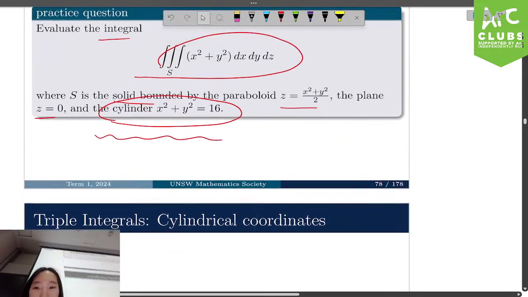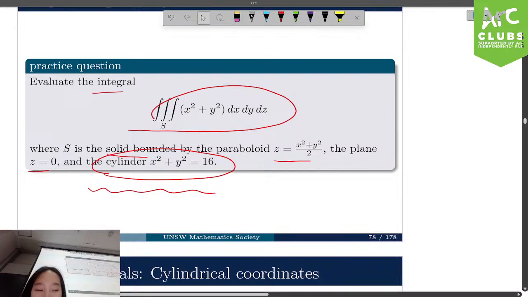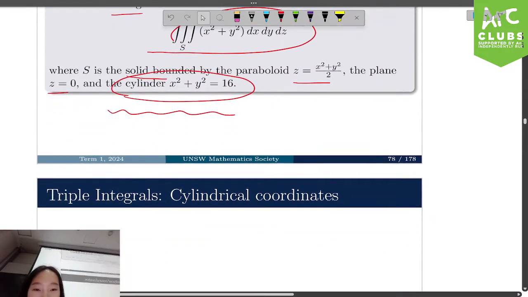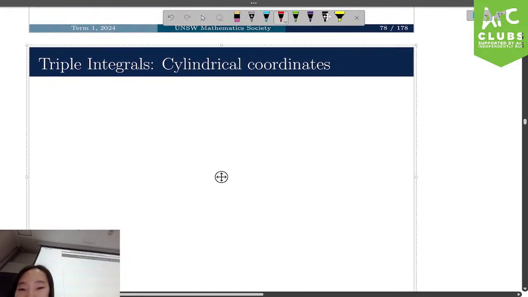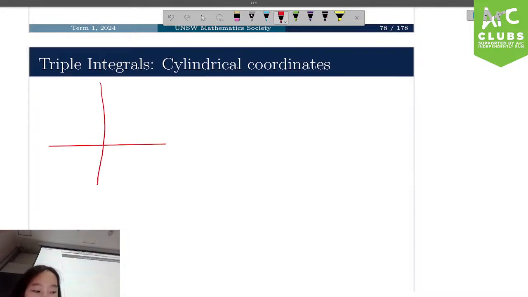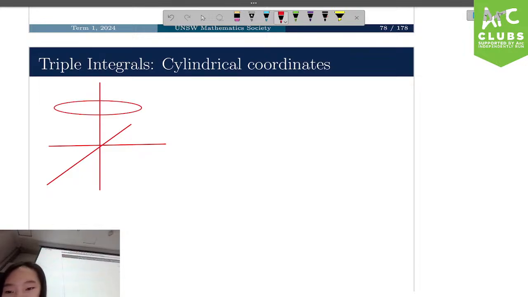Okay, cool. So first step, as usual, we draw the diagram. We draw the paraboloid, and we have the cylinder, and z equal to 0. We draw the diagram. Okay, this is 3D. We draw the paraboloid first. Okay, cool.